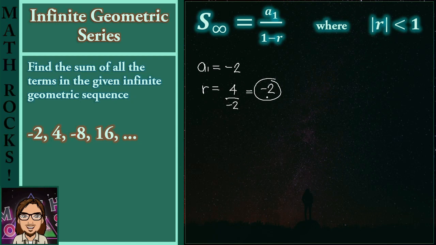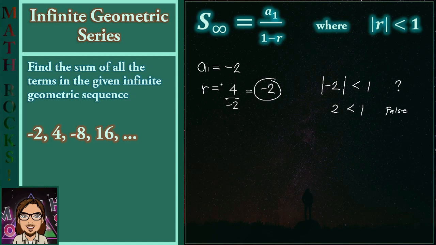So here, if we take a look at this value of the common ratio, which happens to be -2, the absolute value of this -2 is actually +2, for which it actually gives us a false statement, because +2 is not less than 1. It is actually greater than 1. Okay? So it is actually a false statement.